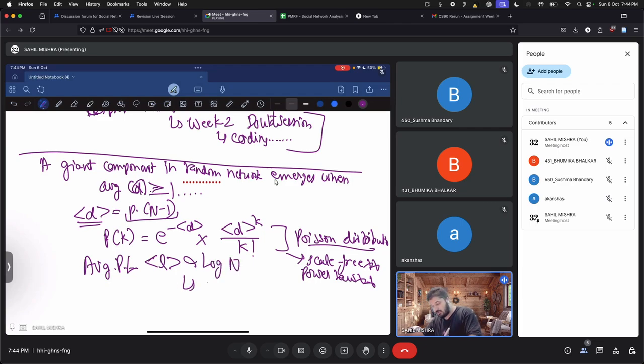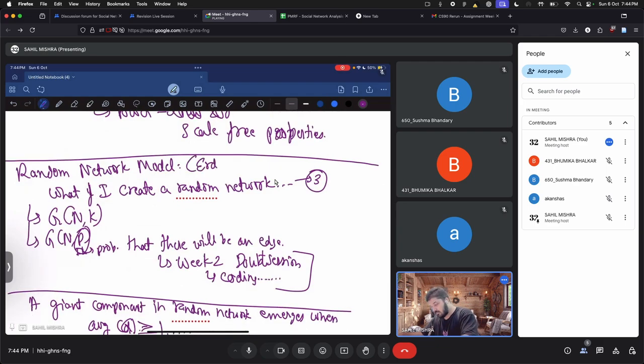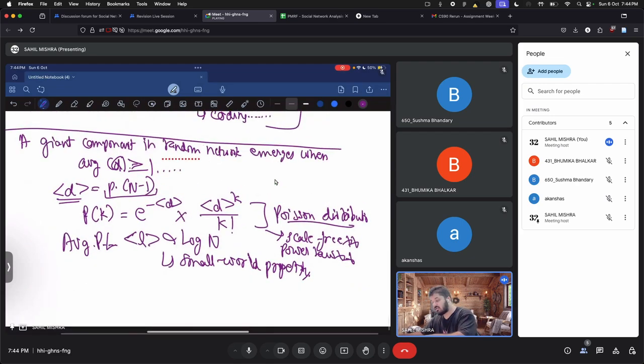So they follow the small world property. They might be in question. This random model is also known as the Erdos-Renyi model, so don't get confused when the question comes in the exam.